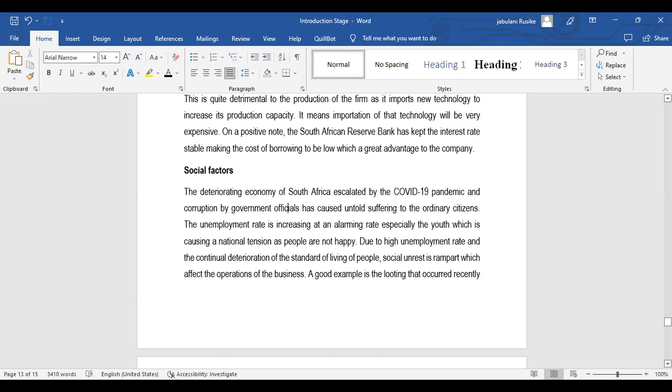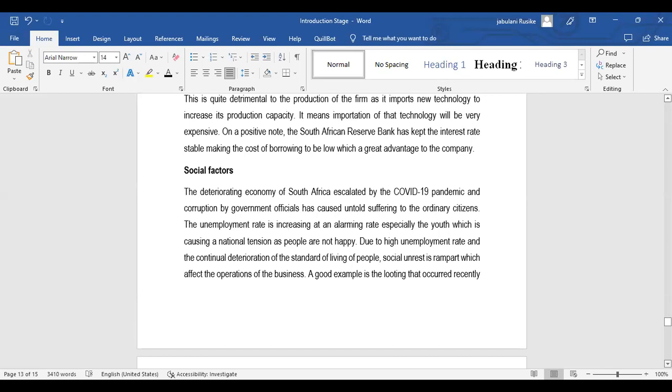But then how does that impact the operations of the organization? Youth unemployment, how does it affect the operations of the organization? Now, due to high unemployment and the continual deterioration of the standard of living, there is going to be social unrest. There's going to be a lot of protests, which then affect the operations of the business.